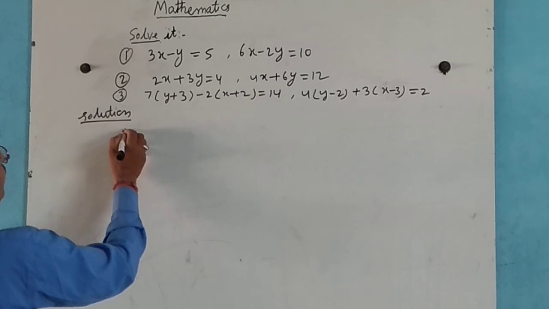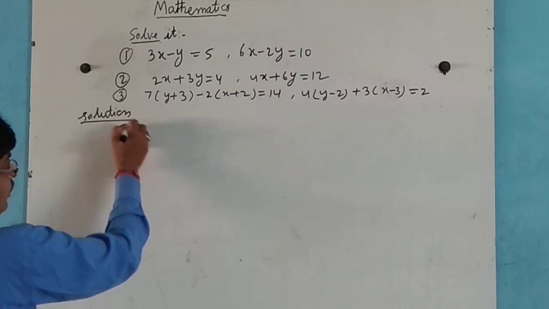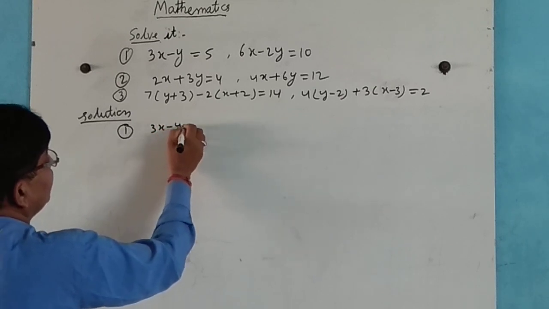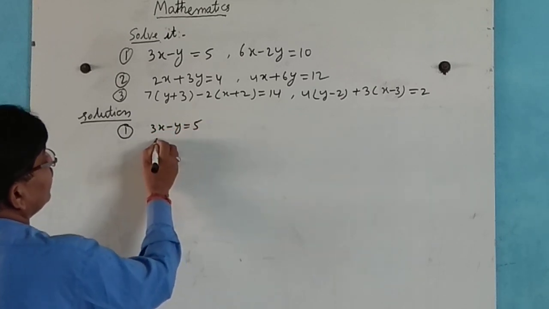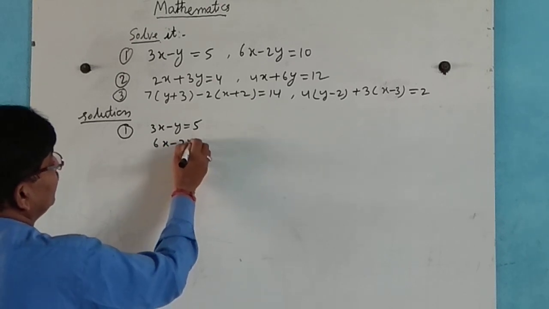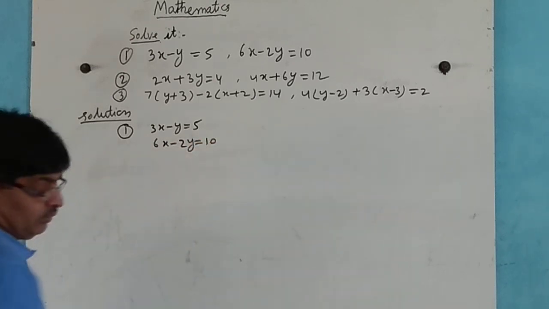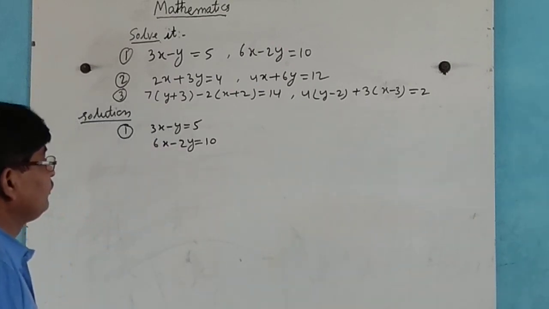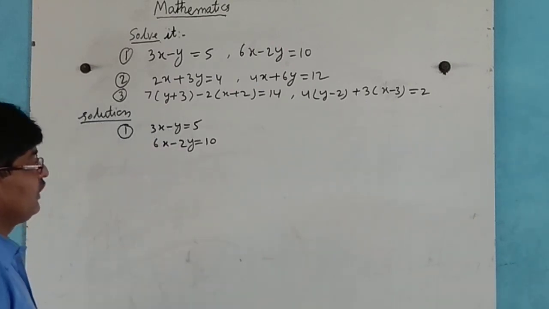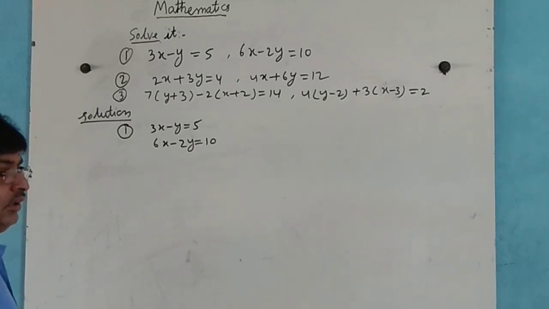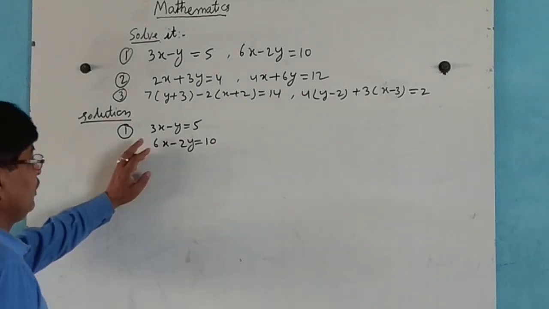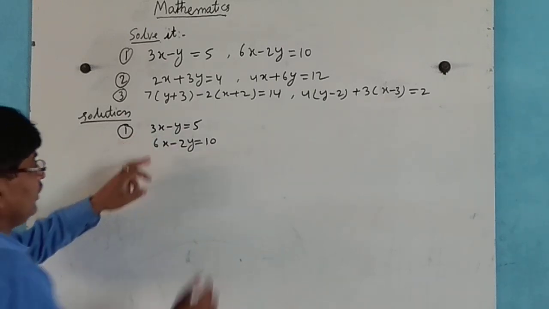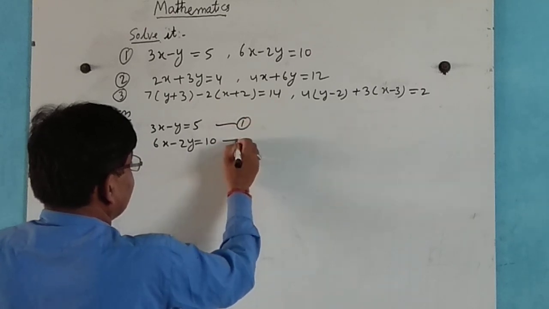Solution. First of all, we solve the first question. 3x minus y equal to 5 and 6x minus 2y equal to 10. Now, if we solve it in general methods, first of all we multiply in equation 1, this is 1 and this is 2.